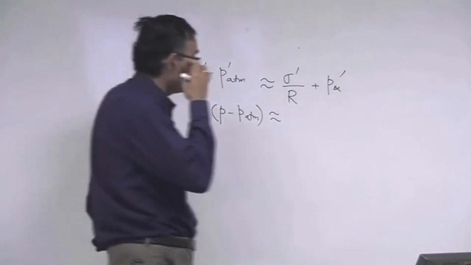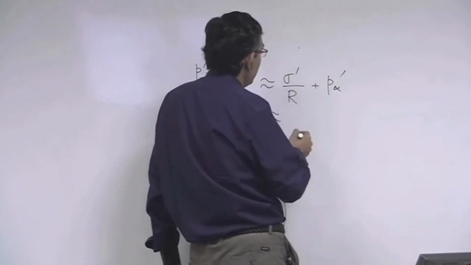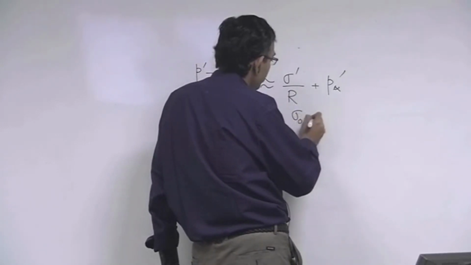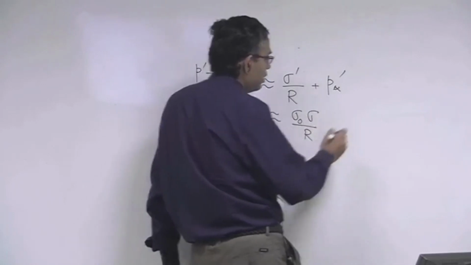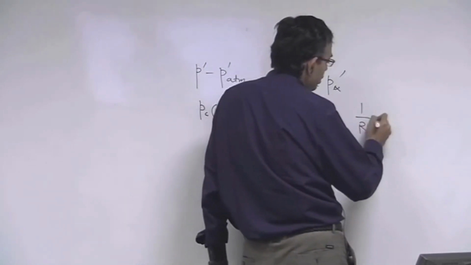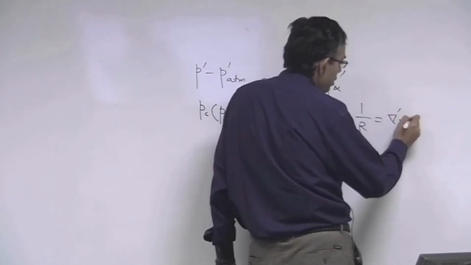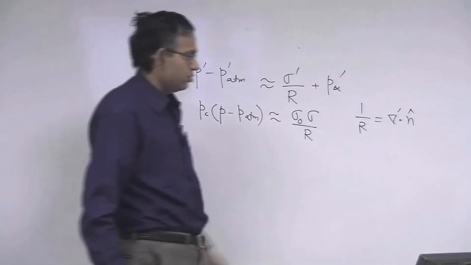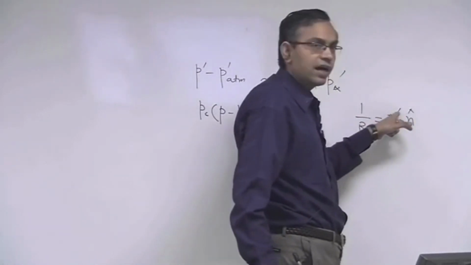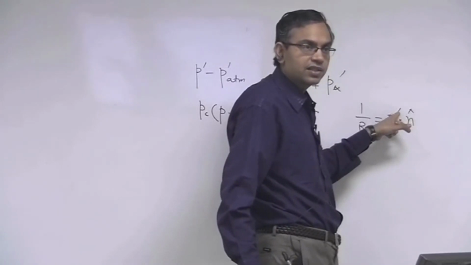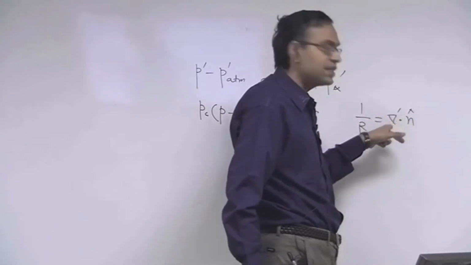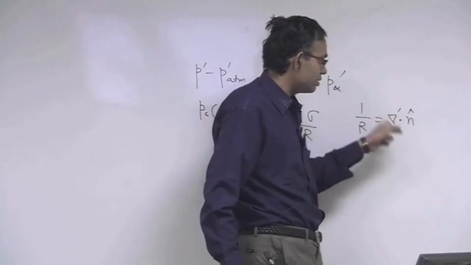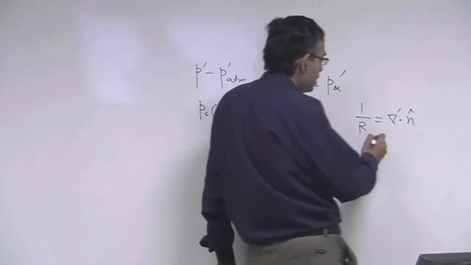This is sigma 0 into sigma by r, and 1 by r is this one. So in the slides I have not put del dash, but just to emphasize that it is a dimensional operator that we are talking about, I have put it in the form of dash here.